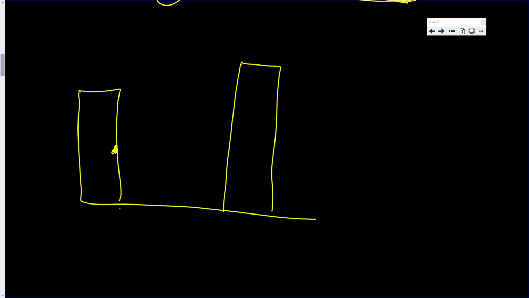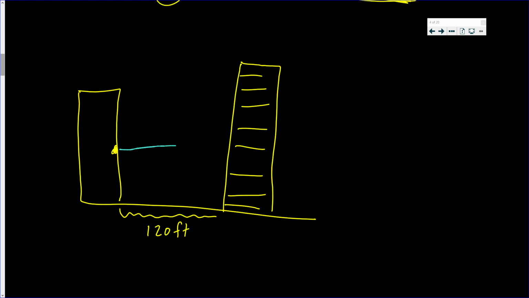And all you know is that the distance between the two buildings is 120 feet. And you want to find the height of this building. How tall is this building? That's what you want to know. So here is your horizontal.